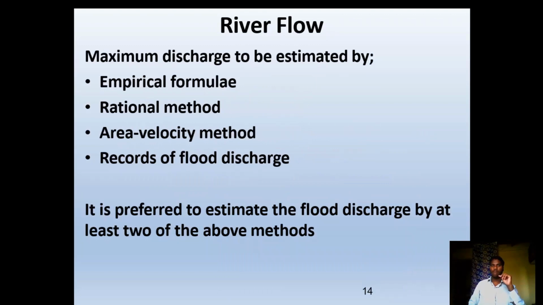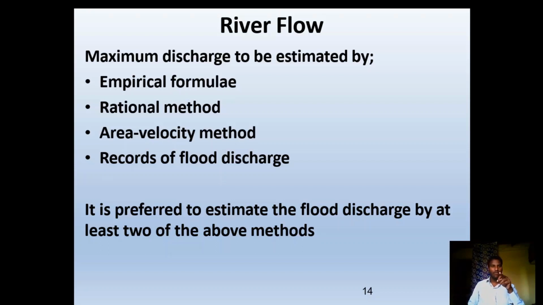River flow: maximum discharge to be estimated by empirical formulae, rational method, area velocity method, record of flood discharge. It is preferred to estimate the flood discharge by at least two of the above methods.